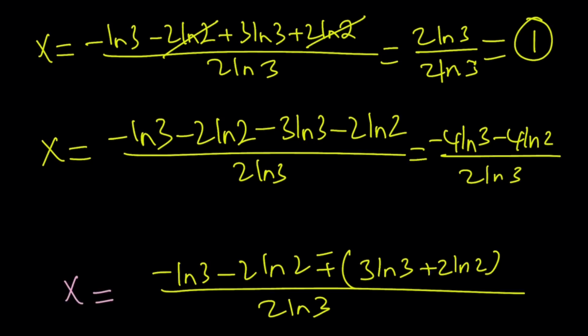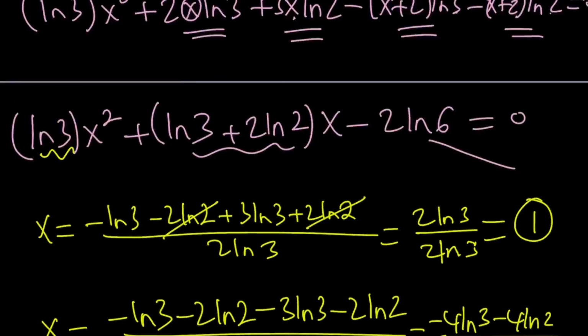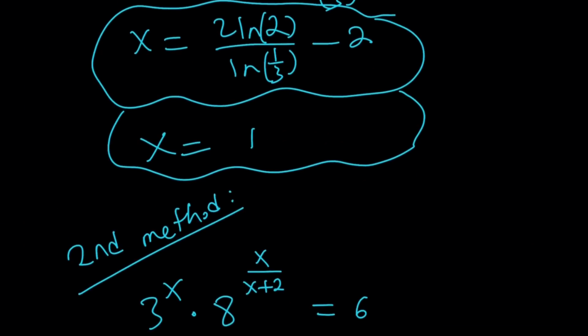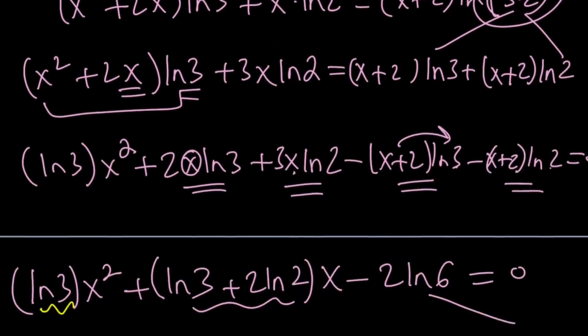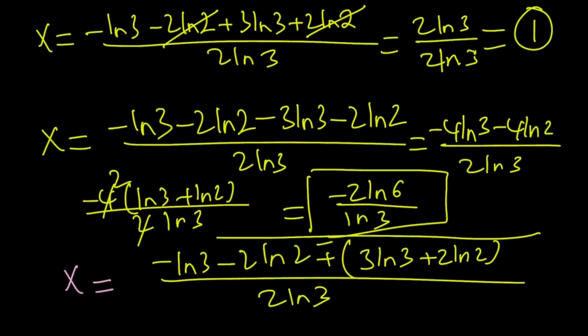If you take out a negative 4, you'll get ln 3 plus ln 2 divided by 2 ln 3. 2 goes into 4 twice. This is going to give you negative 2 ln 6 over ln 3 as our second solution. If you go back to the first method, you notice that this is eventually going to turn into something like that.